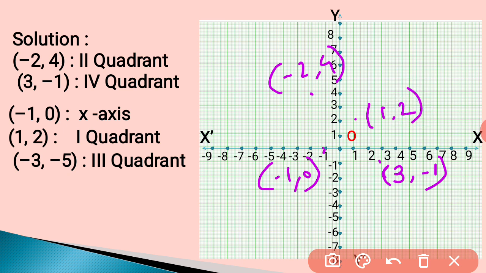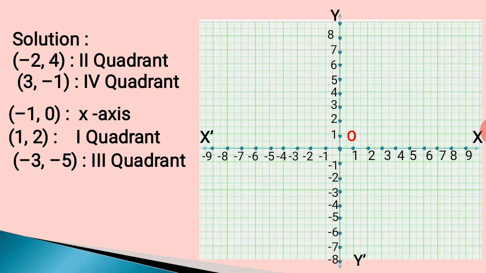And the final, it is -3, -5. Both negative, so -3 from the x-axis, -5 from the y-axis. So that's the point and we'll name it -3, -5. This is how we get the points on the Cartesian plane.